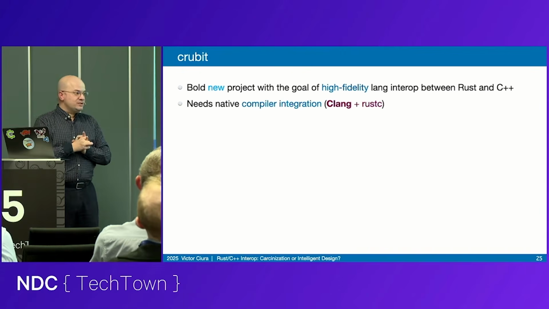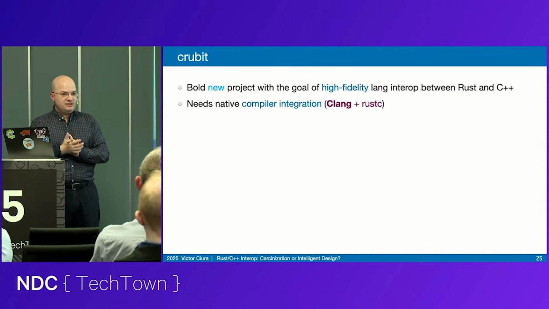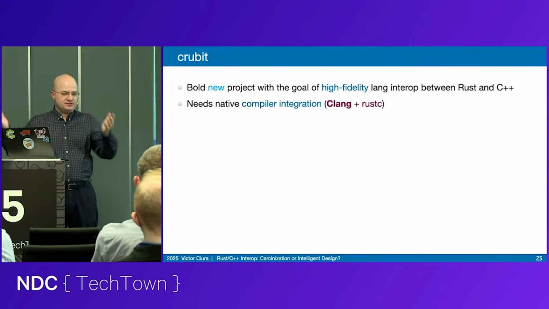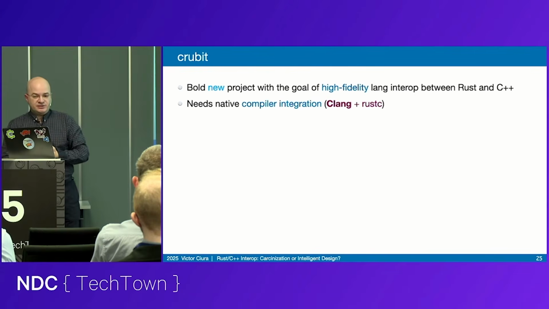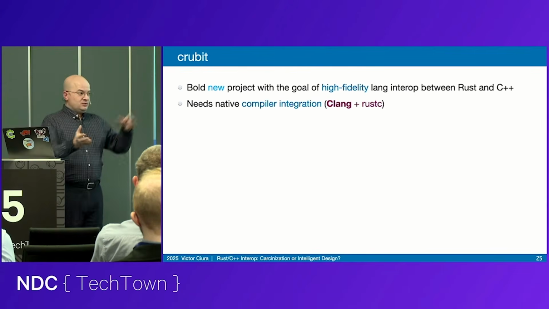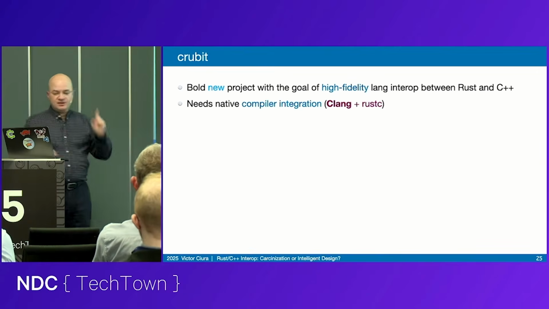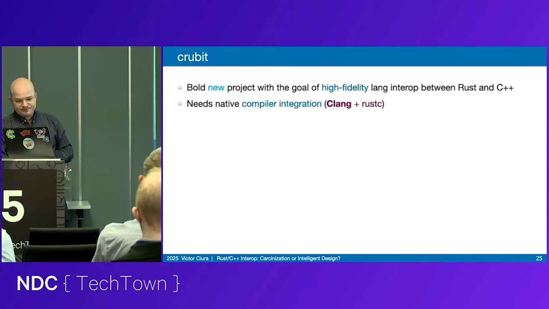Because it aims for this high fidelity mapping and to understand everything that crazy C++ can offer, it needs deep compiler integration. And right now the implementation assumes Clang plus rustc, right? Well, on the Rust side, there's no ambiguity at this moment because of the mono-compiler culture. But on the C++ side, if you're not in Camp Clang, then not yet. More about this very soon.